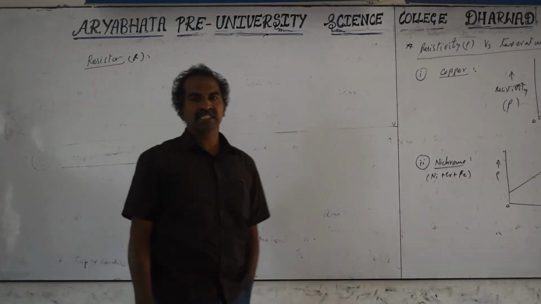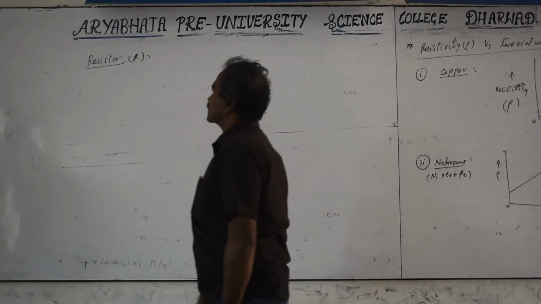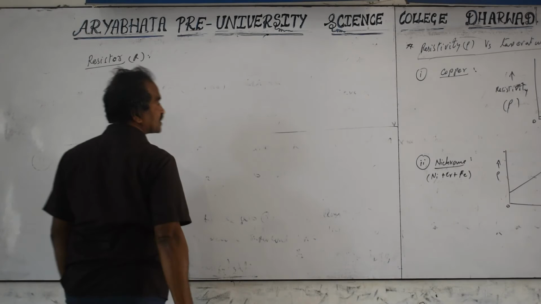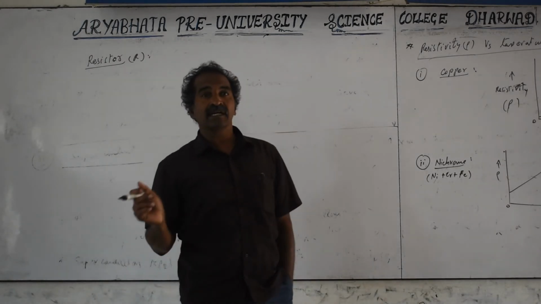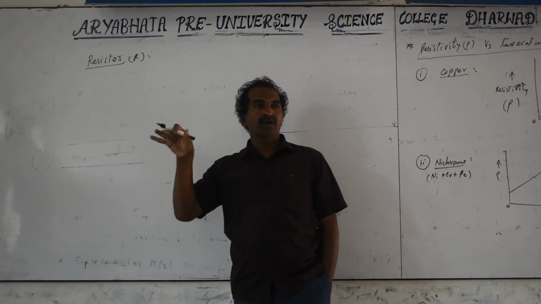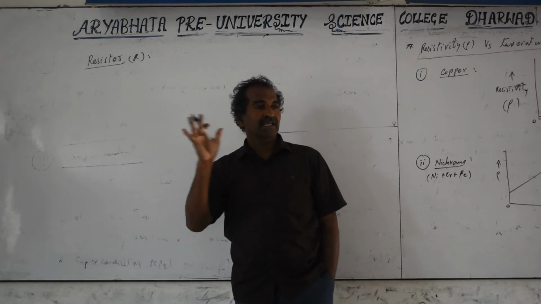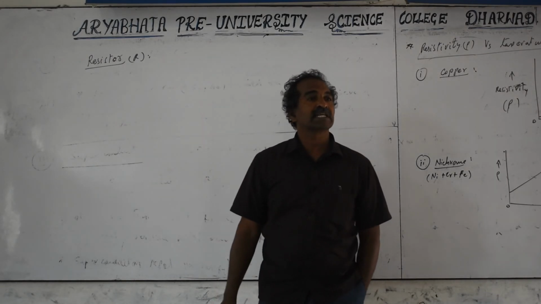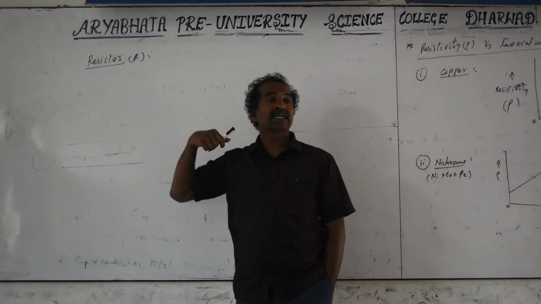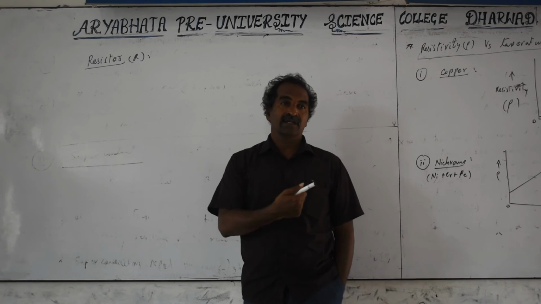Next is resistor. Resistance is a property, like capacitance is a property. Capacitor is a device. Resistance is a property in which electrons collide with the atoms and cannot move freely. The opposition to the free motion of electrons is itself resistance. A resistor is a device that provides the resistance for the flow of the electrons.